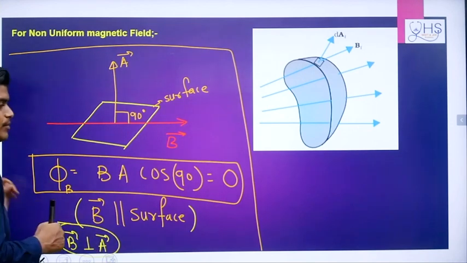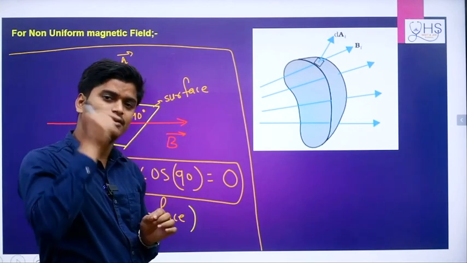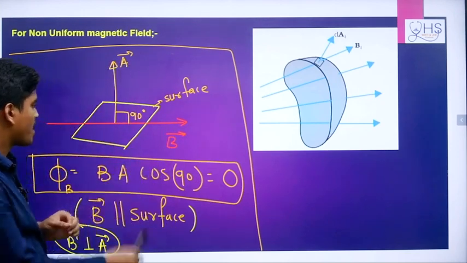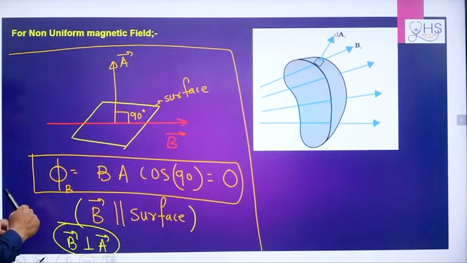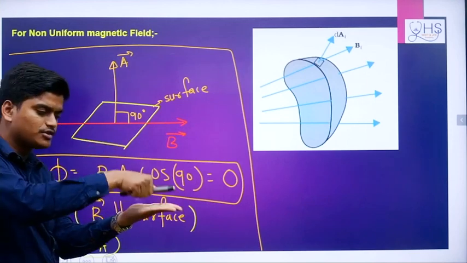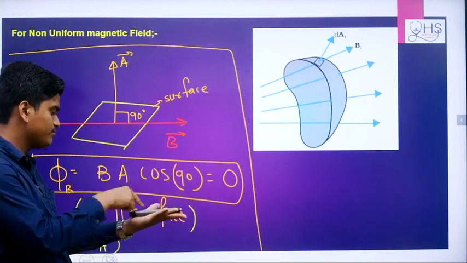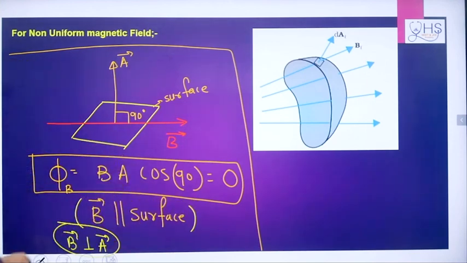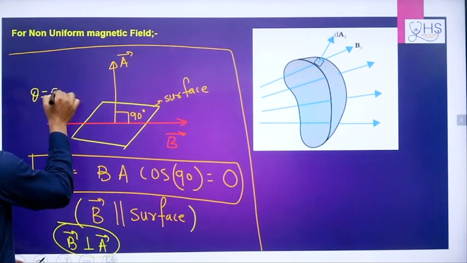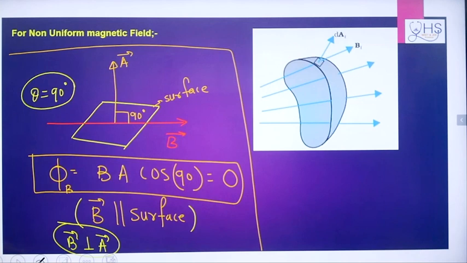So remember, when the magnetic field is parallel to the surface, or the magnetic field lies on the surface, that time your flux will be 0 because the angle between B and A will be 90 degree. So your theta will be 90 degree. Try to understand this.